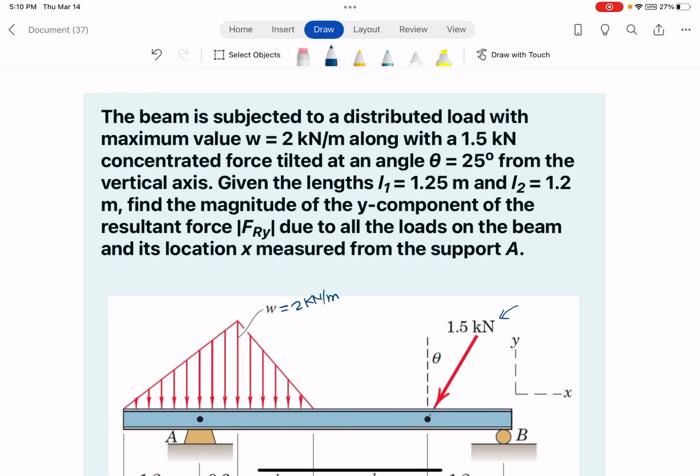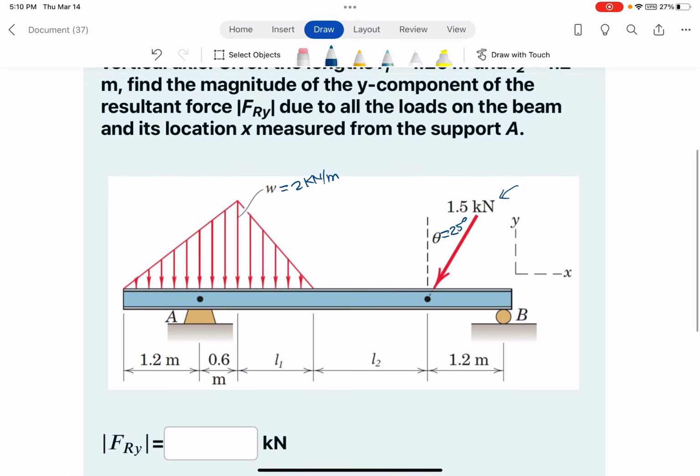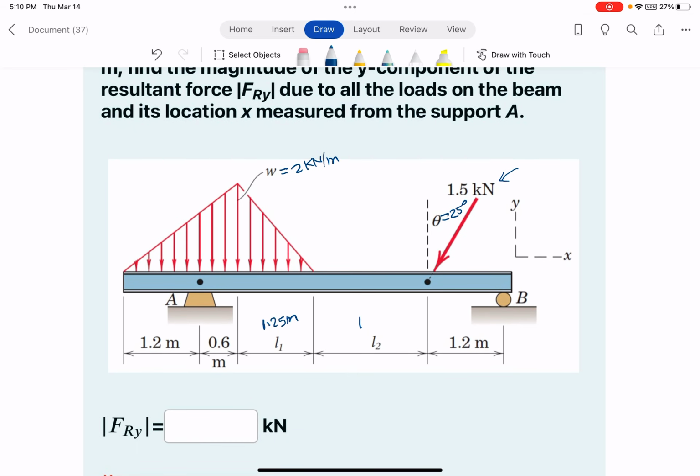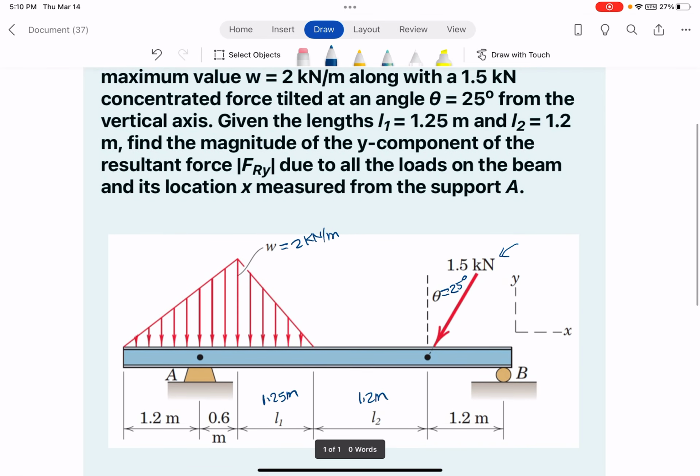Theta is 25 degrees from the vertical axis. Given the length L1 is 1.25, L2 is 1.2. Find the magnitude of the y component of the resultant force.